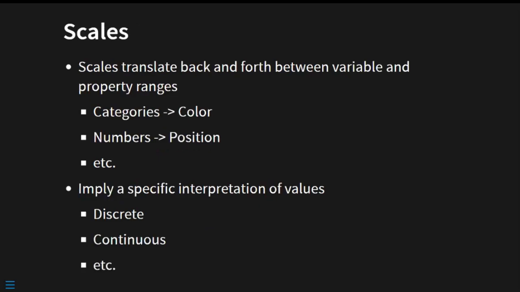Then we have the scales. We can translate back and forth between variable and property ranges. So, right, we can say we want the categories shown as a color or numbers shown as a position, right? And these then always imply a specific interpretation of values. So that could be discrete variables, categorical variables, continuous variables, those kinds of things, right?